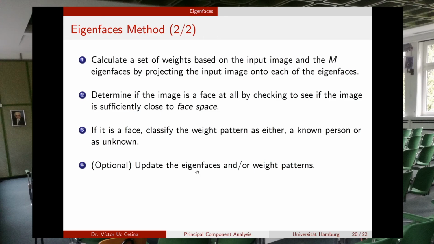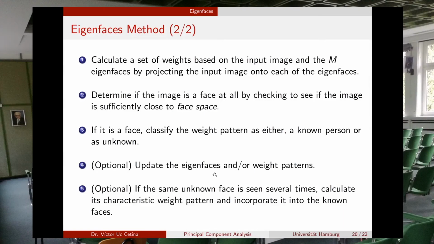You can keep updating your dataset with newly taken images, so your eigenfaces are updated and your program keeps working with the new faces.